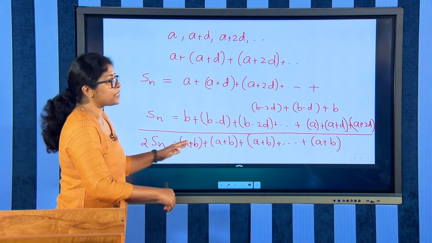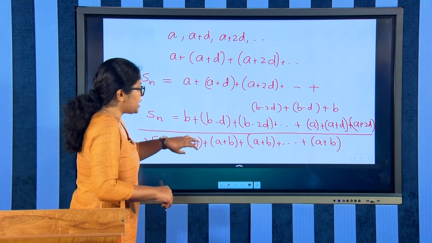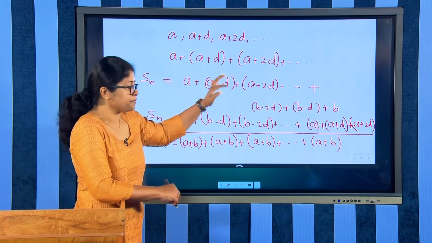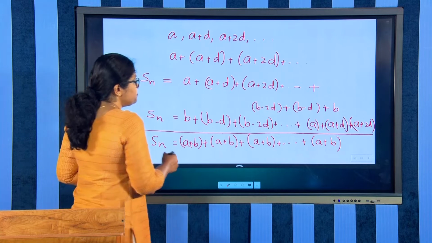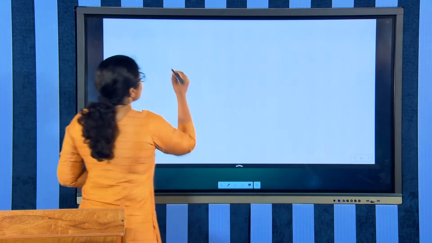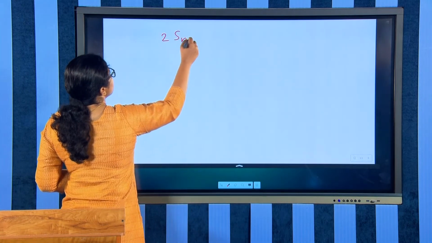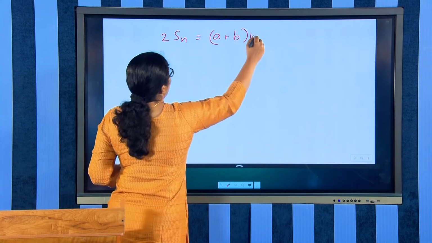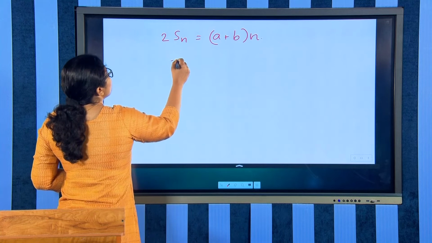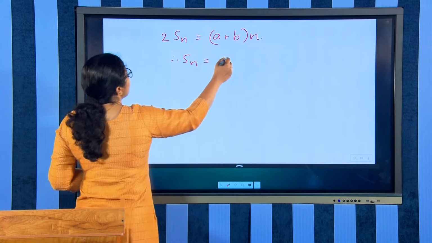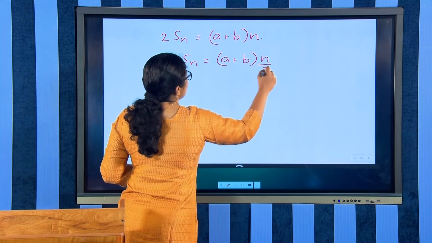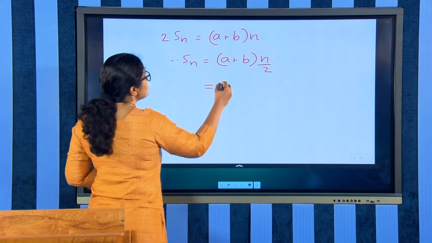So, how many a plus b's are you getting? You are getting n of them, because initially you had added n terms. So, twice Sn is equal to a plus b, n times. Therefore, Sn is nothing but (a plus b) into n by 2, or that is the same as n by 2 into (a plus b).